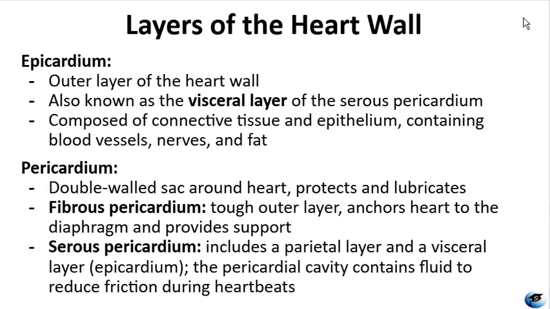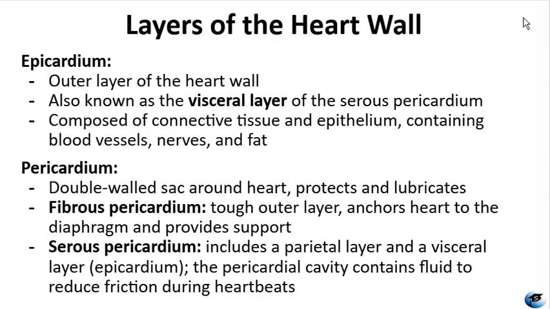Surrounding the heart is the pericardium. Pericardium is a double-walled sac that provides both protection and lubrication to the heart. The fibrous pericardium is the tough outer layer that anchors the heart to the diaphragm and the surrounding structures, and this keeps the heart in place within the chest. Inside of that is the serous pericardium, and it has 2 layers.